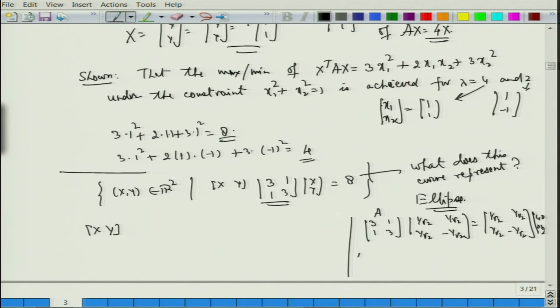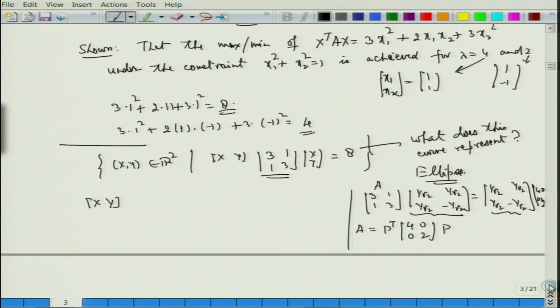Or I am writing A as, all right, let me see, this is one matrix, this is the same matrix. Here it turns out they are transposed, so I would like to write it as transpose. So I have got a matrix P transpose, diagonal matrix 4 0 0 2 times P. I am writing like this. All right.